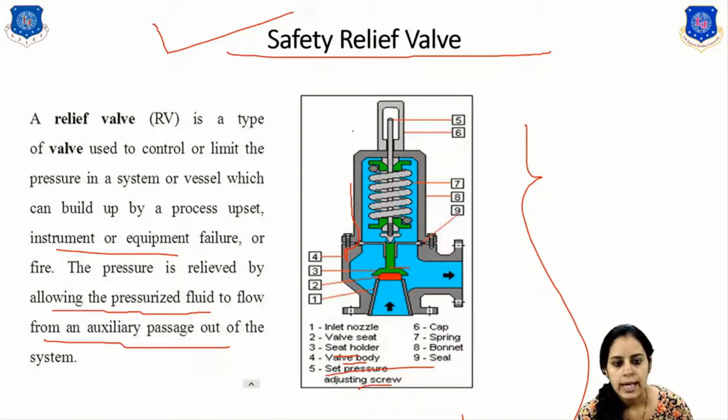This is the adjusting screw. Then 6, a cap provided for protection. Then number 7, the spring. Then number 8, a bonnet or body. Then number 9, a seal. So these are the components or parts of the safety relief valve.